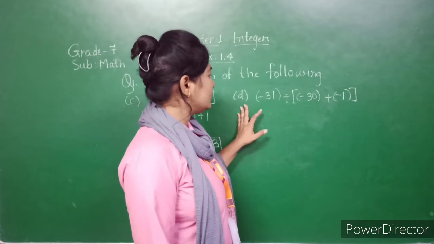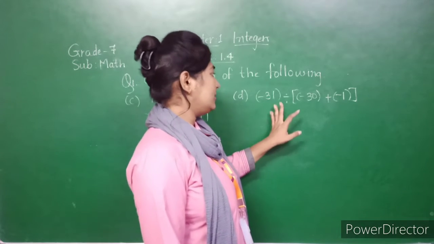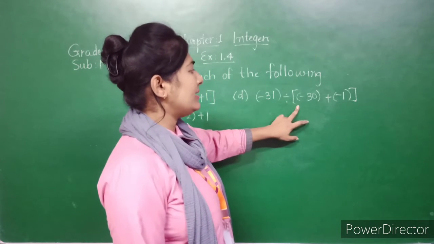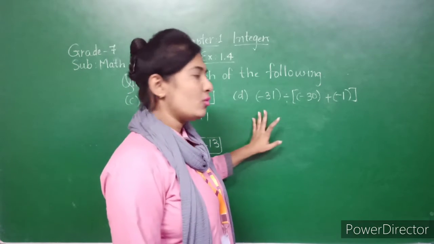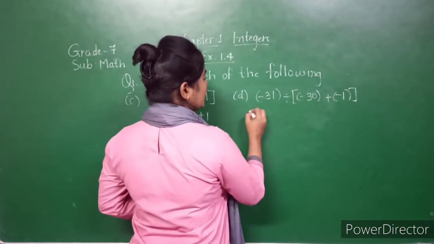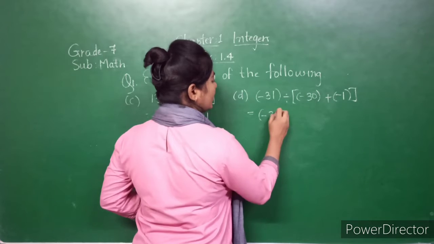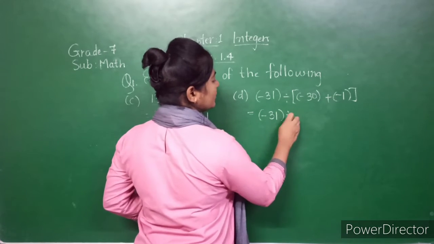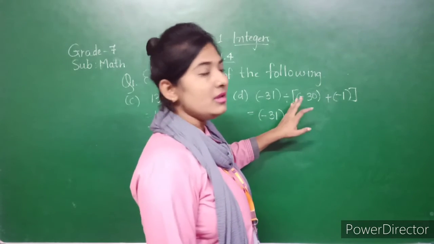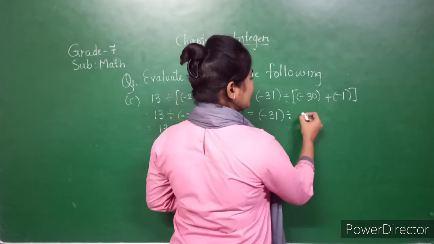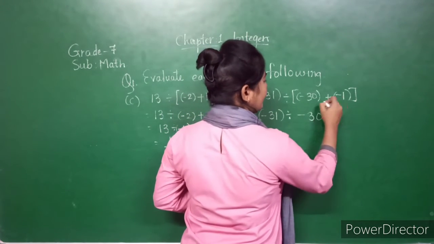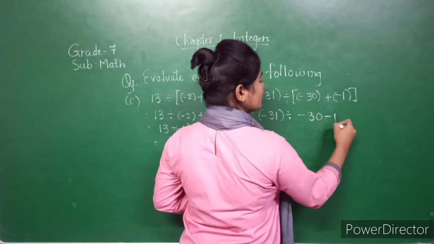Come to the next question, that is minus 31 divided by minus 30 plus minus 1. So we have to write minus 31 as it is, then divided by, because first of all we have to open the bracket. So it is minus 30 plus minus it is minus 1.